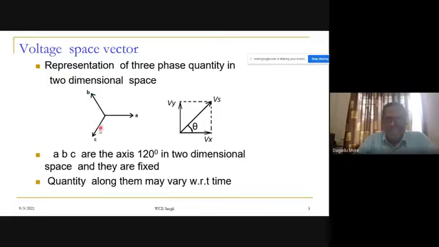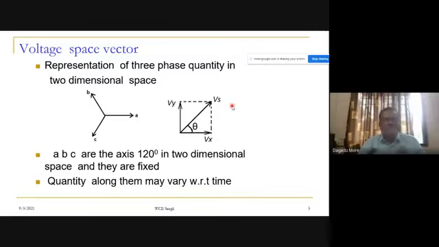And these three quantities, or three voltages, can be represented with one equivalent voltage vector in the two-dimensional space. It may be stationary, it may be rotating at constant speed, or it may be rotating at non-uniform speed.